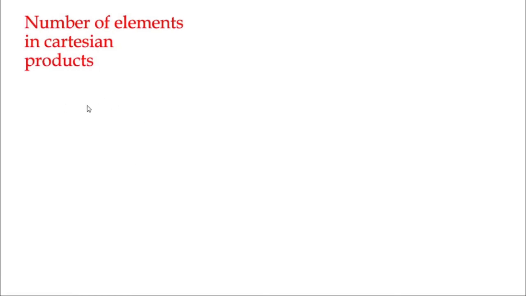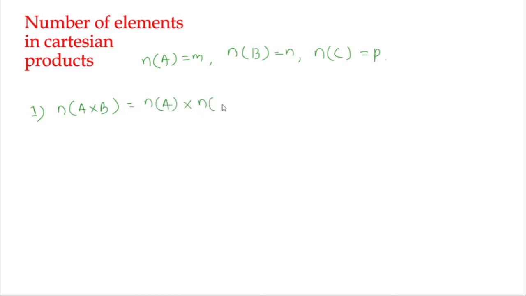We have already discussed the Cartesian product, but the question here is, how many elements are there in a Cartesian product? Let the number of elements in set A be m, in set B be n, and in set C be p. In this case, the number of elements in A cross B will be the number of elements in A times the number of elements in B, equal to m into n.